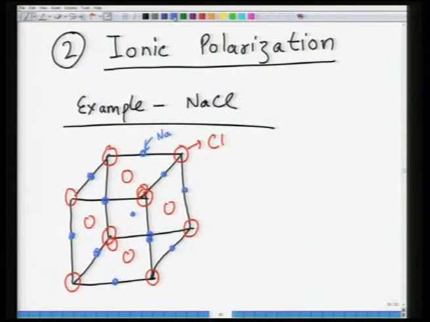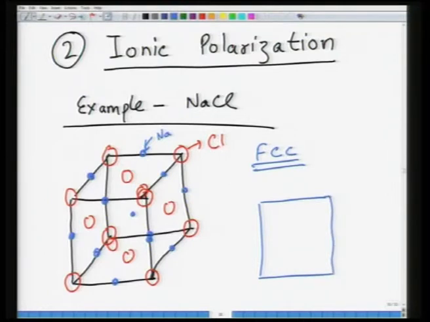Now, as we know, this material is FCC, which means it is a symmetric structure. If I just draw the 100 plane view, it looks like this. The chlorine atom would be here and the sodium atoms would be at these positions.